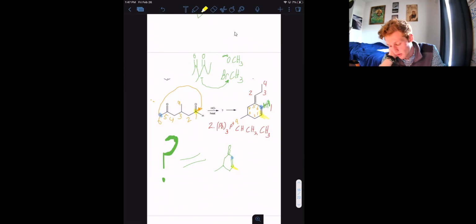Once you've gotten to this place, you can do a Wittig, assuming that we're totally disregarding this methyl group here. And that will allow us to swap out the oxygen on this compound for the alkene.